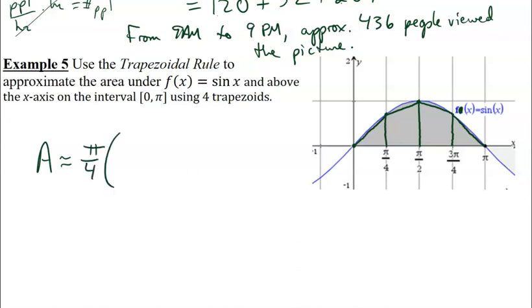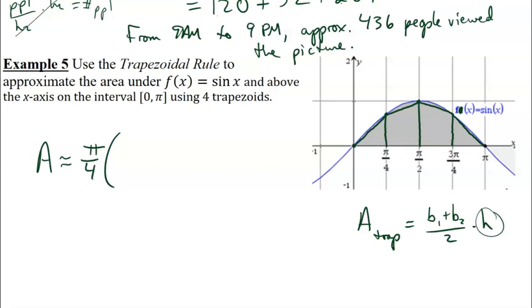So I'm going to say pi over 4 times, and then, let's refresh one more time. The area of a trapezoid is the average of the bases times the height being the distance between the bases. That height in this case is our subinterval, and I already factored that to the front, and that's the pi over 4.